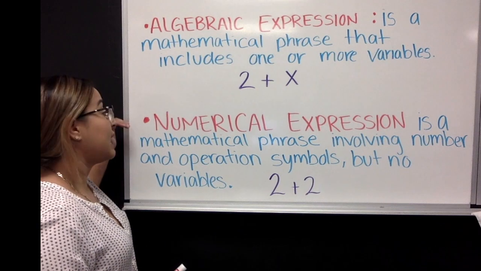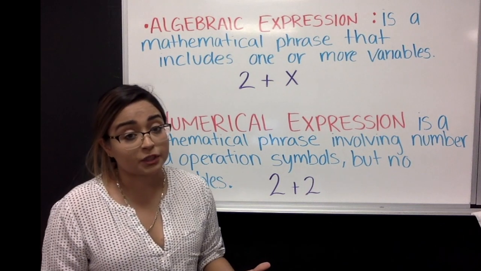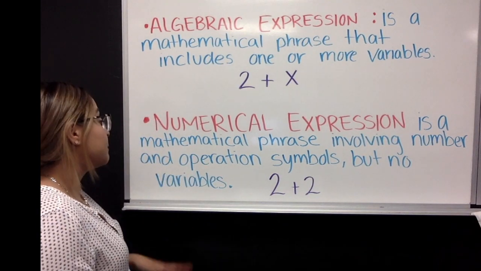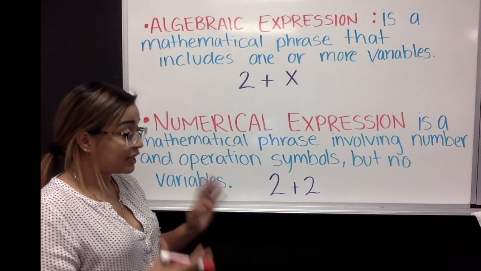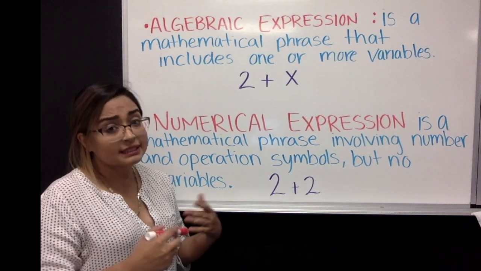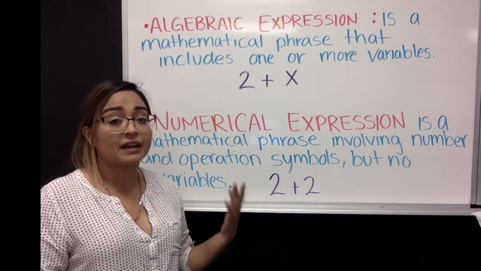Next up, we have numerical expressions. A numerical expression is a mathematical phrase involving numbers and operation symbols, but no variables. So, it's still a math problem, but this math problem doesn't have any variables.